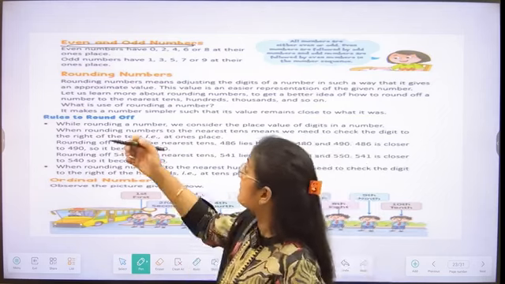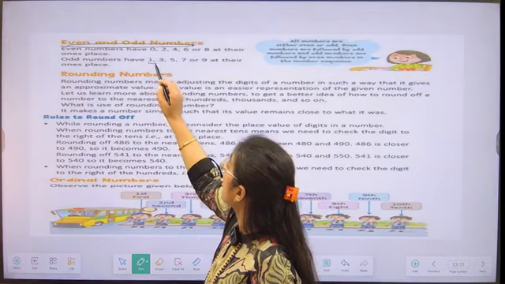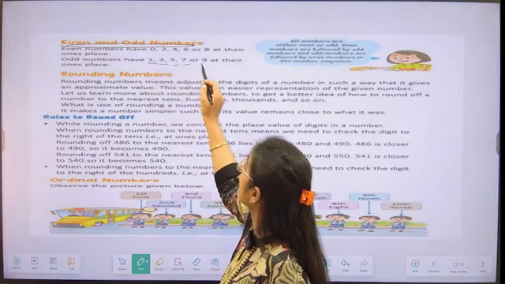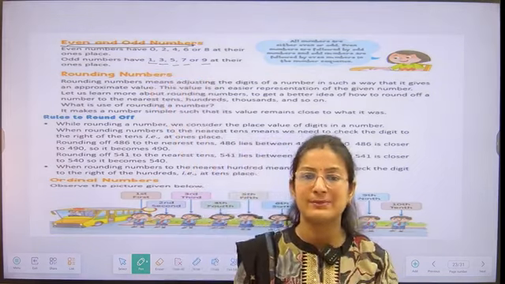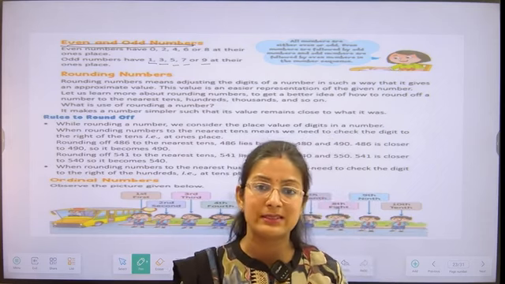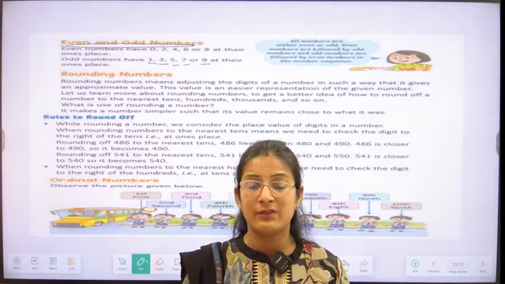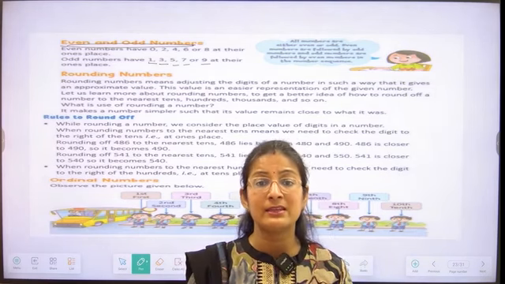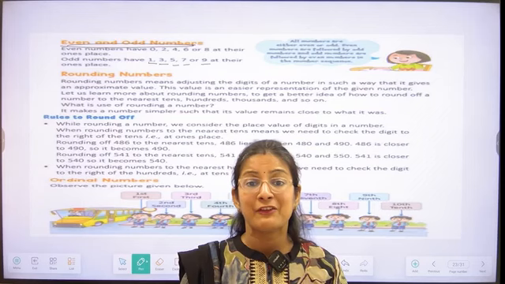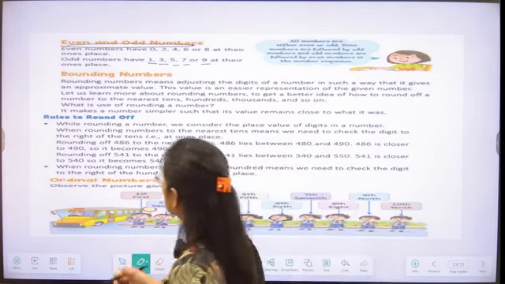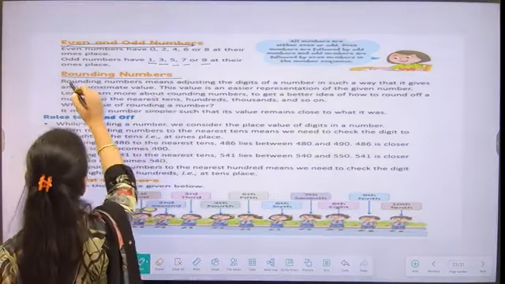And if the numbers end with 1, 3, 5, 7 or 9 at their ones place value, then we can say that the number is an odd number, students. So everyone is understanding how we are going to find an even and odd number? Very good, students. Moving to the next, rounding numbers.